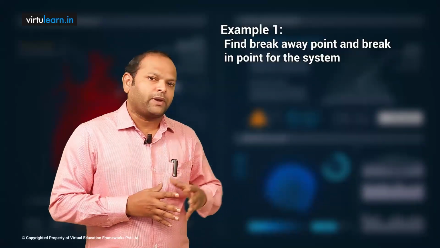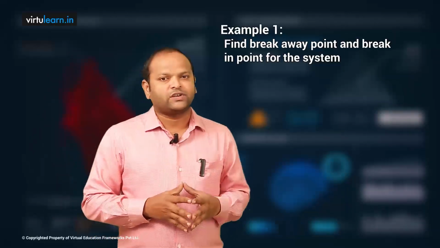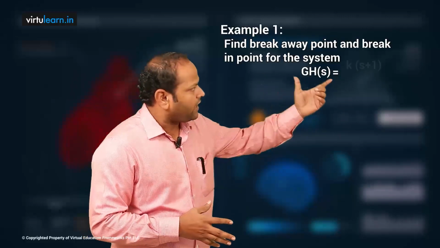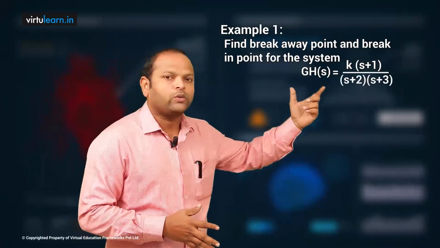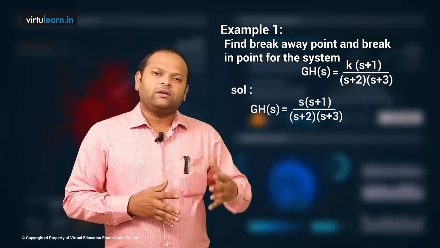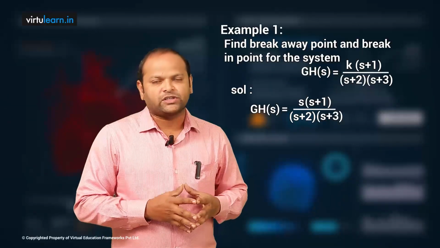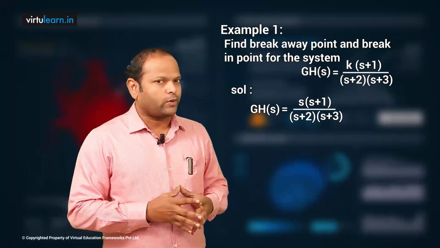Find the breakaway point and break-in point for the system whose open loop transfer function is given by GH of S equal to K into S plus 1 divided by S plus 2 into S plus 3. We know that in the root locus technique, we take the open loop transfer function GH of S and locate the poles and zeros of the open loop transfer function.